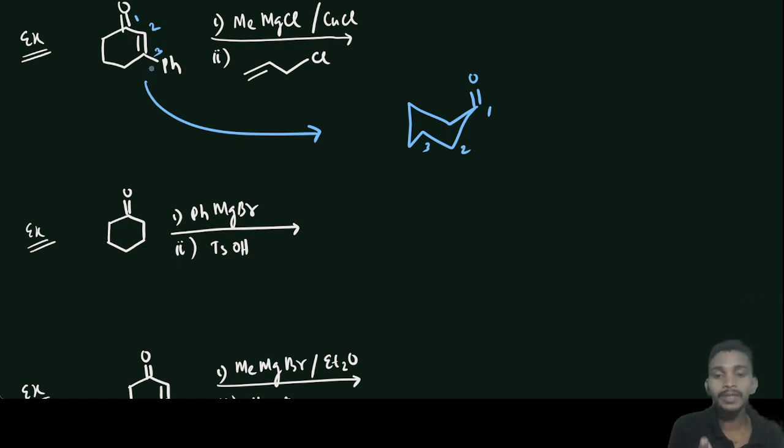If the stereochemistry of the Ph is mentioned like this, then we have to draw it in the axial form at 3. But here the stereochemistry is not mentioned, so to avoid 1,3-diaxial interactions, I will draw the equatorial form. Equatorial is down, so we will draw it like this.